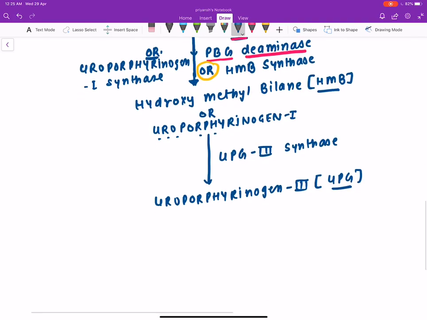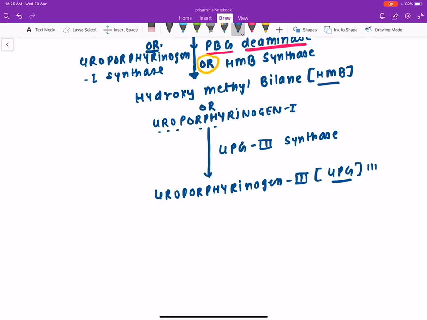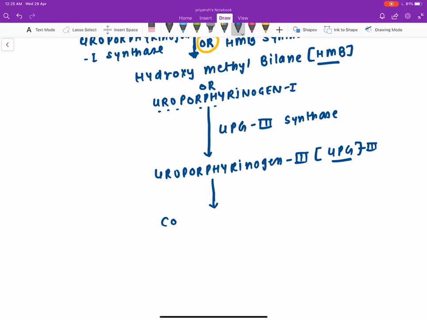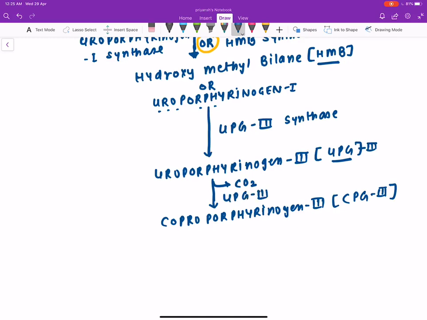Once uroporphyrinogen is synthesized, the next intermediate is coproporphyrinogen 3. When uroporphyrinogen converts into coproporphyrinogen, in this reaction one carbon dioxide is out, because we are taking out the carbon dioxide. So the name of the enzyme is UPG3 decarboxylase.